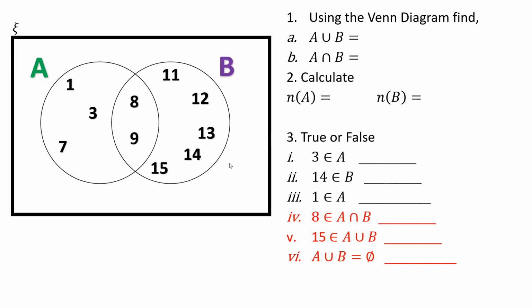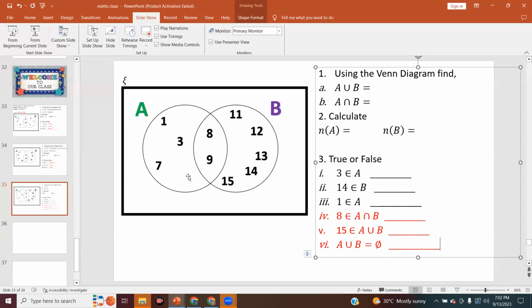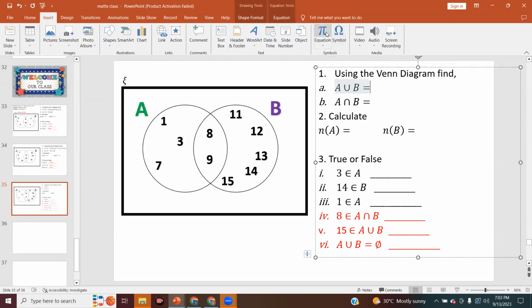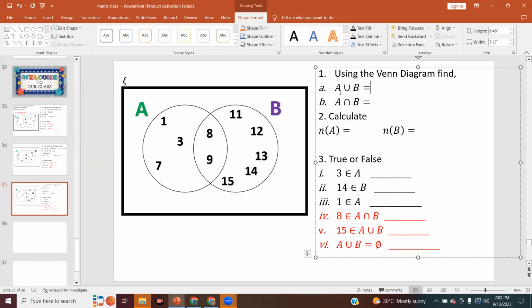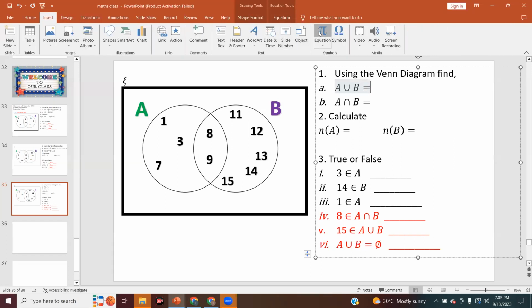Okay, so my first question goes to Jalen. Jalen, what do you have for number 1A? What is the union of A and B? 1, 3, 7, 8, 9, 11, 12, 13, 14, 15. There you go.